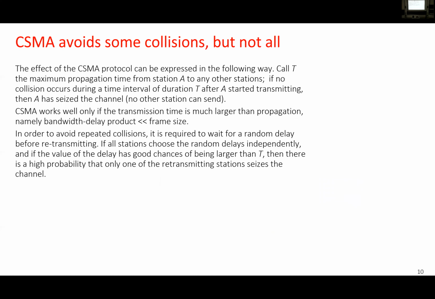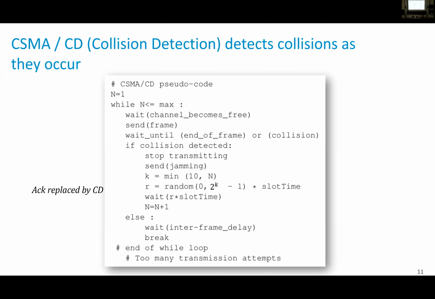Therefore this system improves on ALOHA, but is not perhaps the best that can be done. On a cable system, the best is achieved by adding what is called collision detection. So we do the same as we said before.